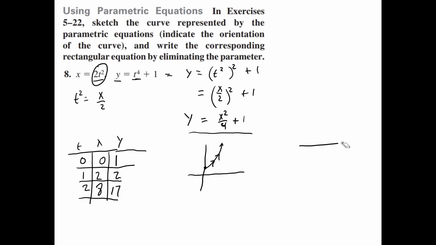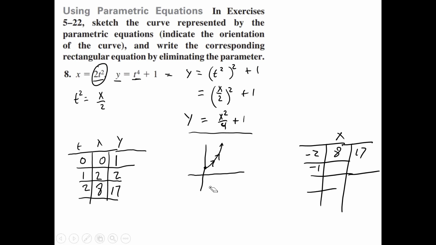But if you look at the negatives, when you put in negative 2, you get 8 for x, and you also get 17 for y. And so now you're actually over here.